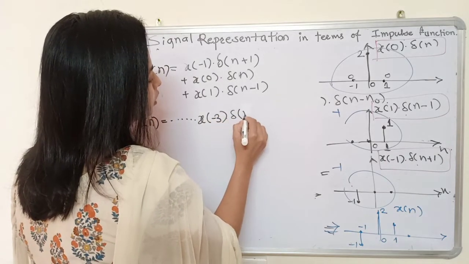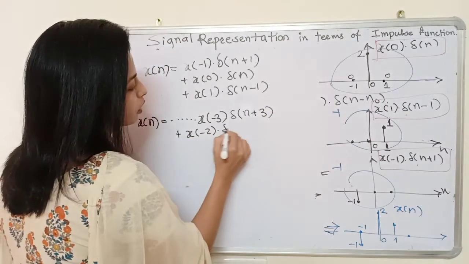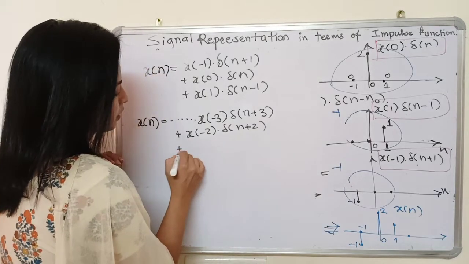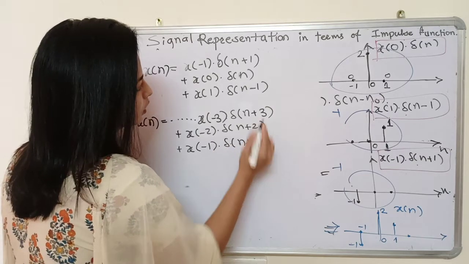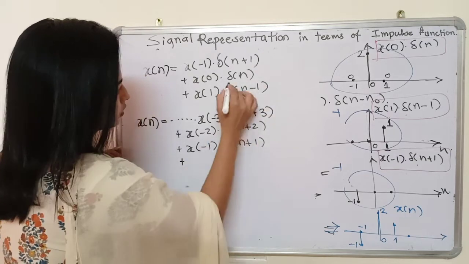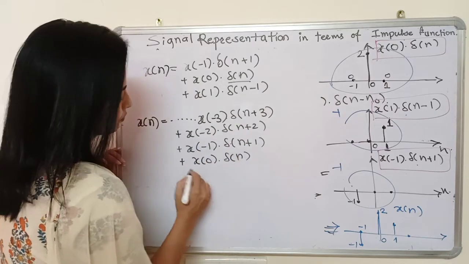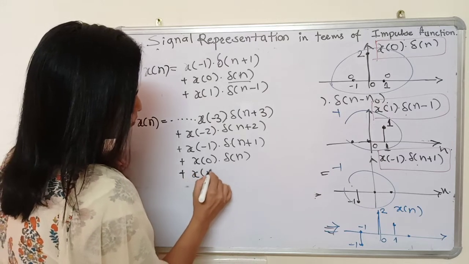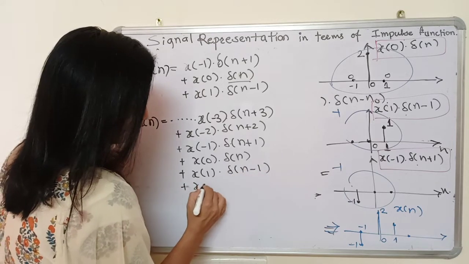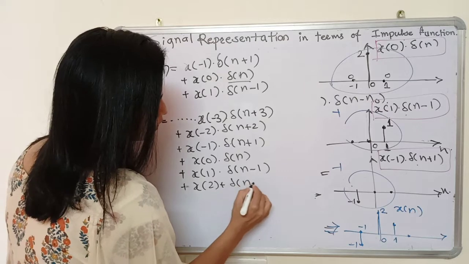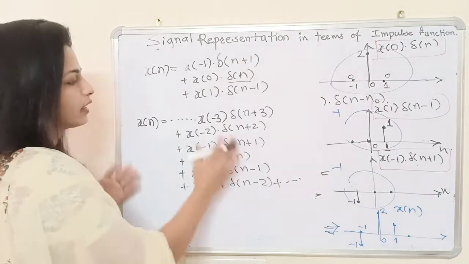So here I just need to do x of -3 del of n plus 3, plus x of -2 into del of n plus 2, like this, plus x of -1 into del of n plus 1, like this, plus the 0th, del of n, plus x of 1 del of n minus 1. So sign is opposite here. Plus x of 2 del of n minus 2, and so on. Like this we can write signal x of n.